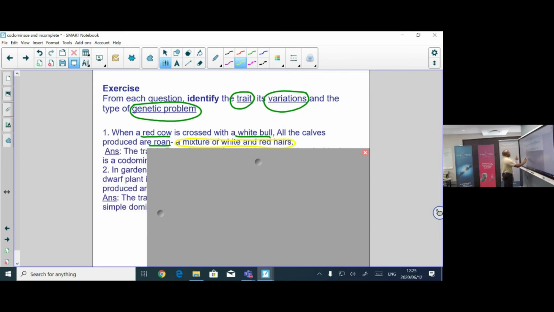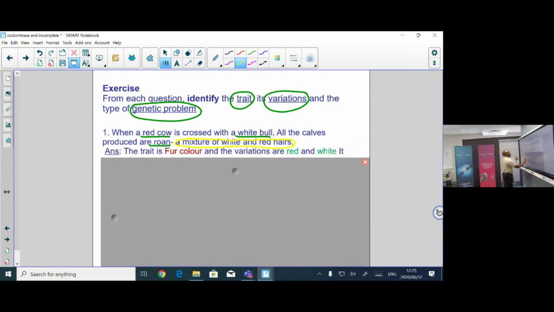Right. So the trait here is hair color, the color of the animal is our trait. And the variations, red and white.